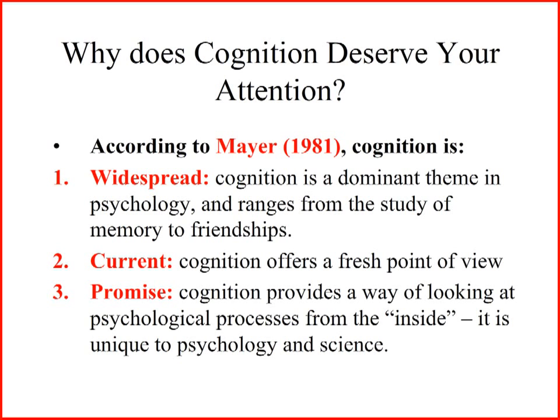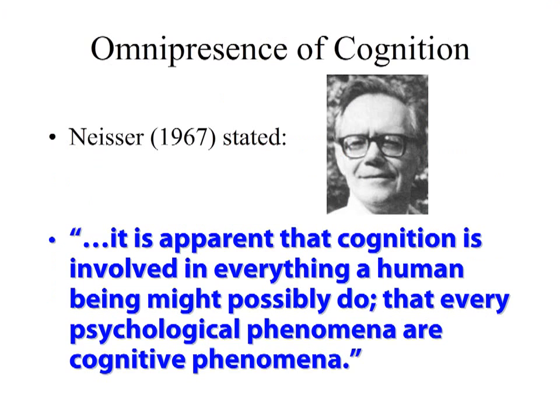Cognition provides a way of looking at psychological processes from the inside, and as such, it is unique to psychology and science. So whether you are interested in going on in a career in business, marketing, accounting, or if you're interested in following up your psychology degree with a degree in education, or if you're going to continue on in cognition, cognition is everywhere.